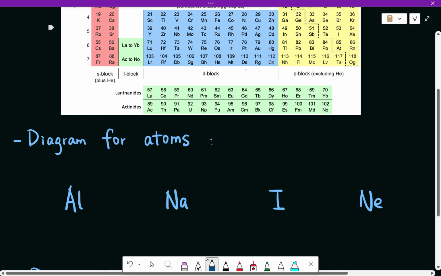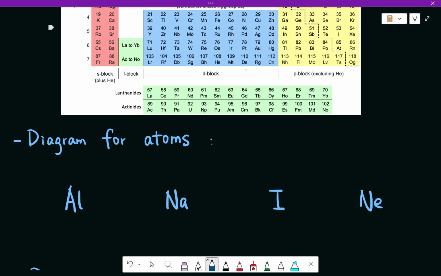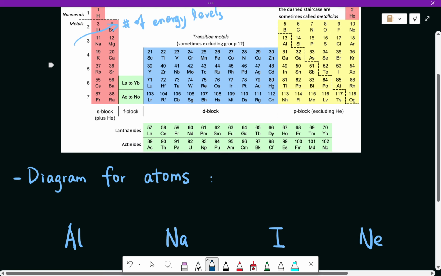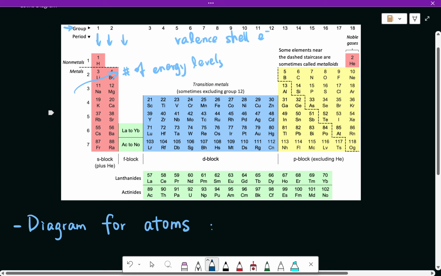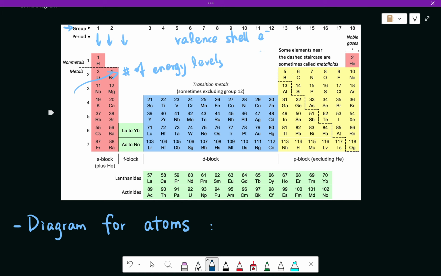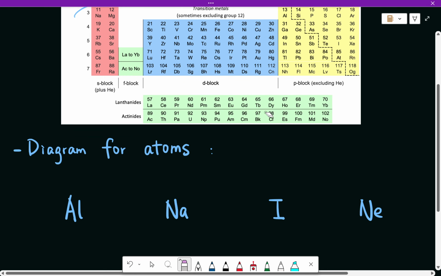The first one, let's take a look at aluminum. As we know from the periodic table, aluminum has an atomic number of 13 and it is in group 13, which means it has three valence shell electrons.